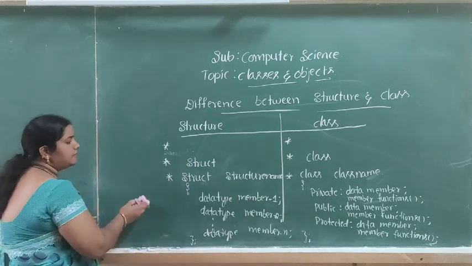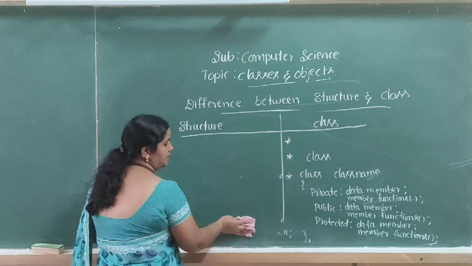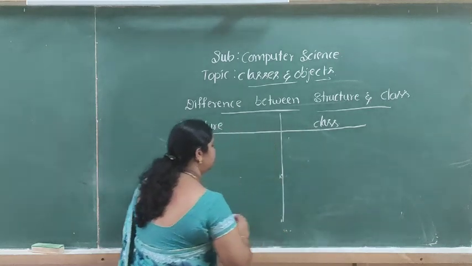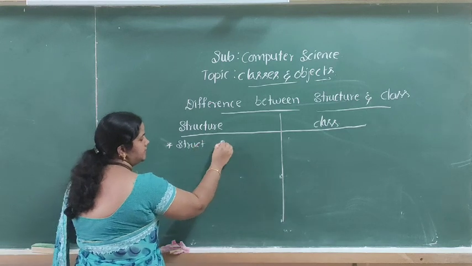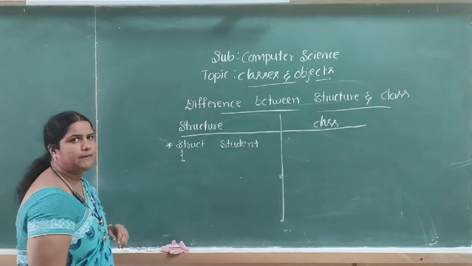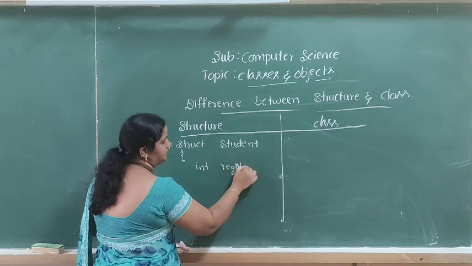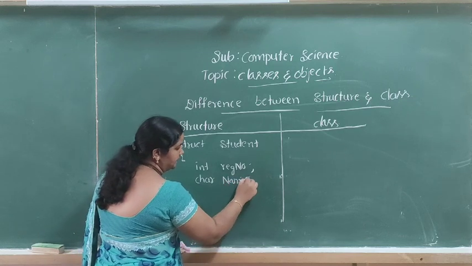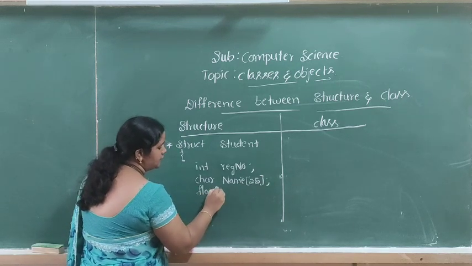For example, consider one example: struct student, and next we take different data types: int register number, char name of 25, float fees.